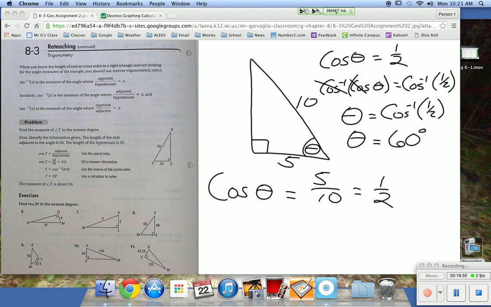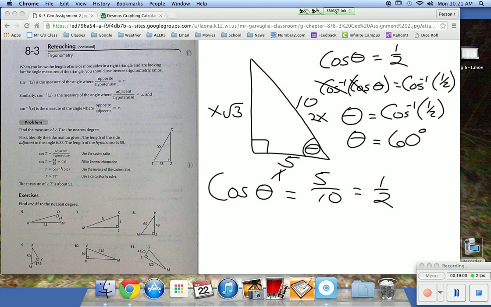I want to show you something. What kind of triangle did I create? 1, 2, square root of 3. X, 2x, x square root of 3. X is 5, 2 times x is 10. It's a 30, 60, 90, and we just proved that.